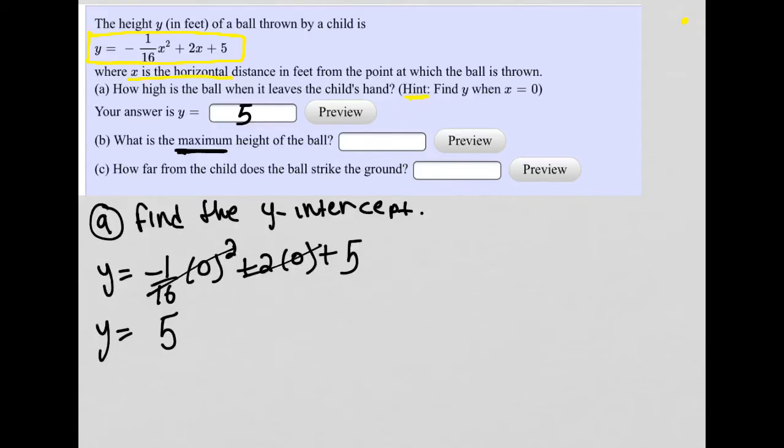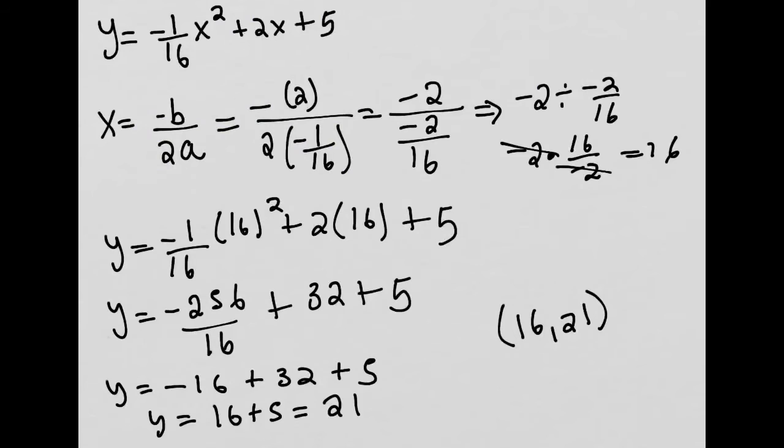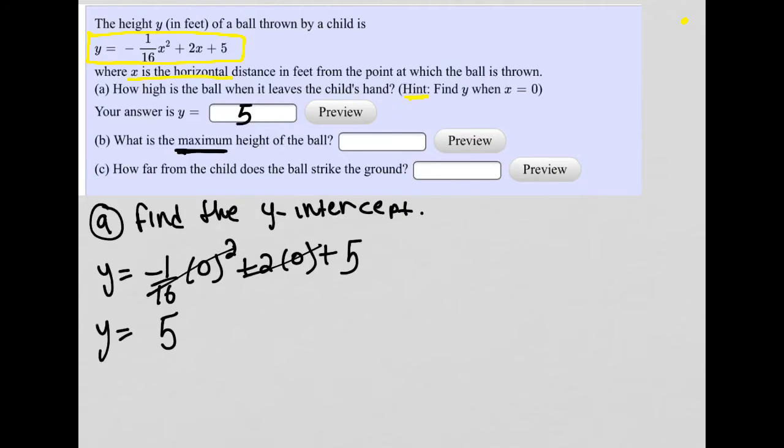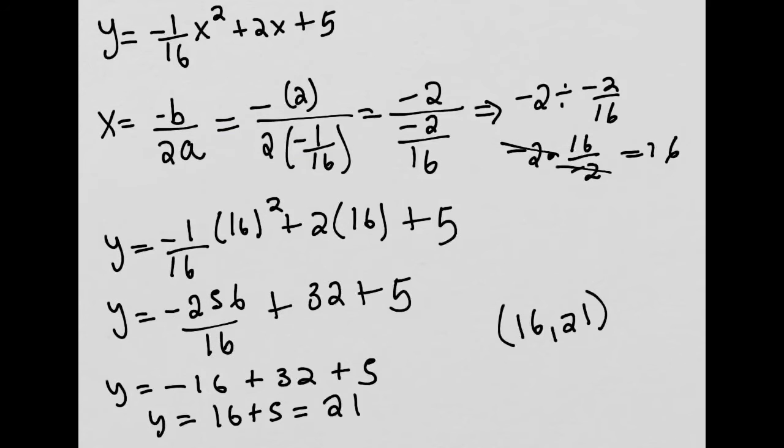Oops, we haven't interpreted the question. When it's asking you for the maximum height, the height is the y value. The first part of the vertex gives you the distance on the x-axis, and the second part of the vertex gives you the distance on the y-axis.